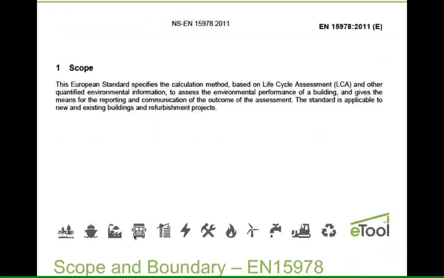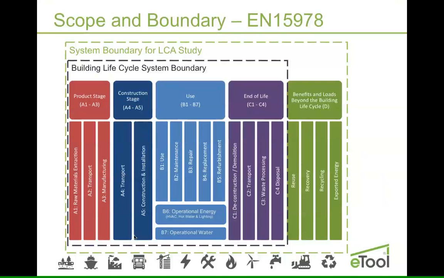So the standard sets the scope that you need to include in your assessment, as well as the system boundary. So we see here different stages from product stage to construction to use and then end of life. So those are the system boundaries that are related to the building itself.